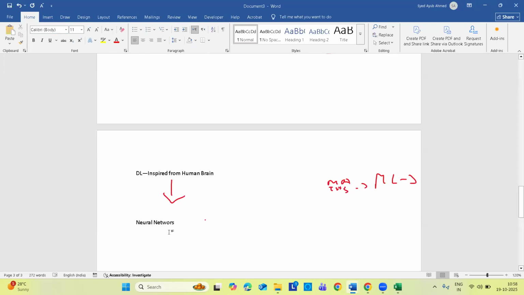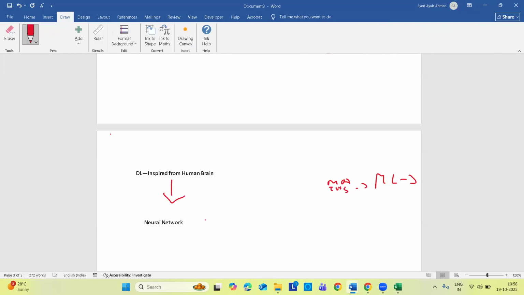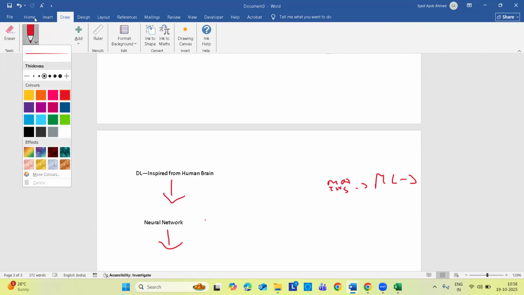And again, after the neural networks, what you'll have is you can get ANN, CNN, and RNNs.